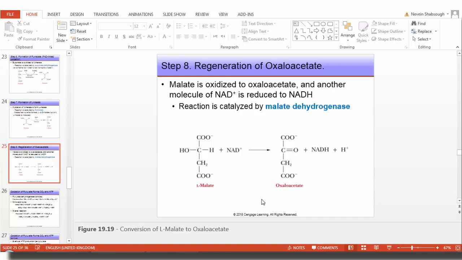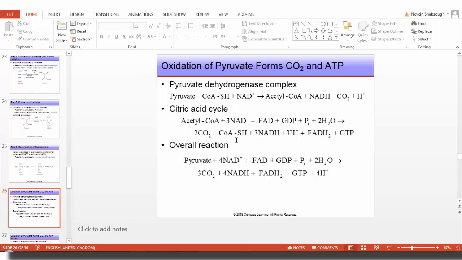Now, we can say that the oxidation of pyruvate by the pyruvate dehydrogenase complex, which is prior to the cycle, and the citric acid cycle results in the production of 1 plus 2, 3 molecules of CO2.